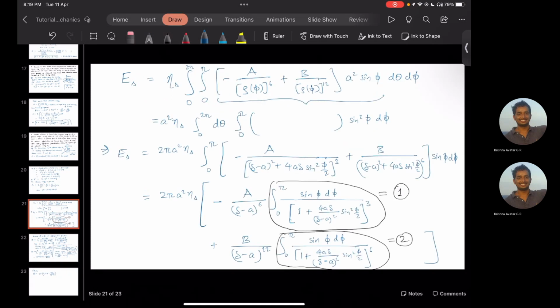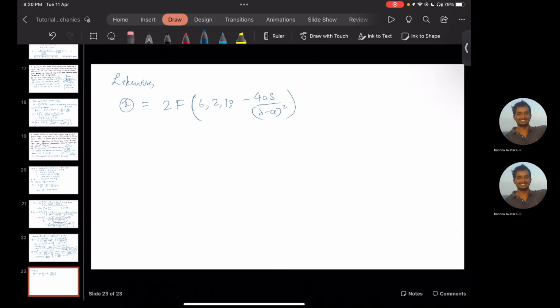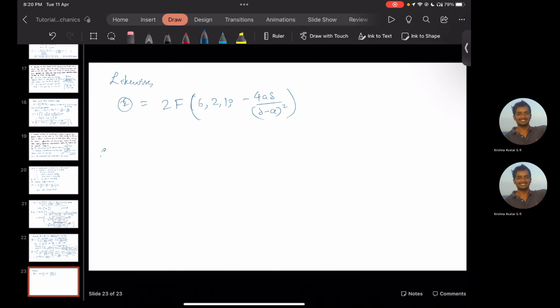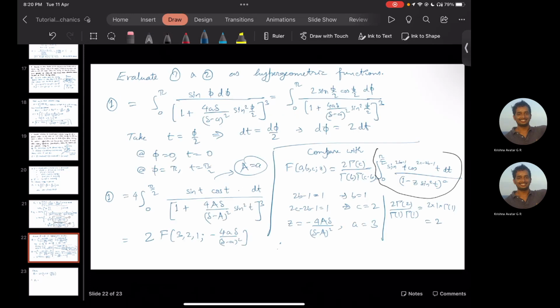Now let's put it back in our original expression. So we'll have ES is equal to, sorry, I think I have made some mistake here. No, it's all right.